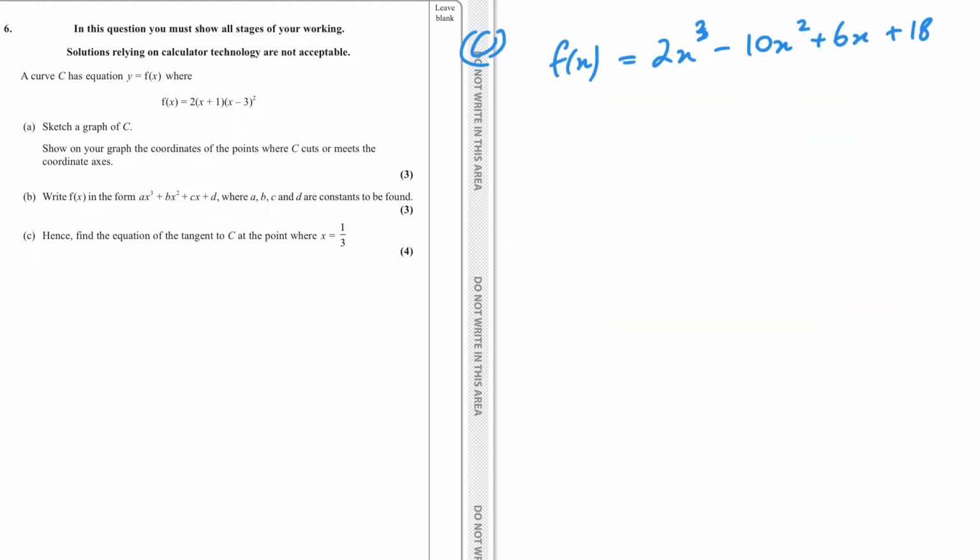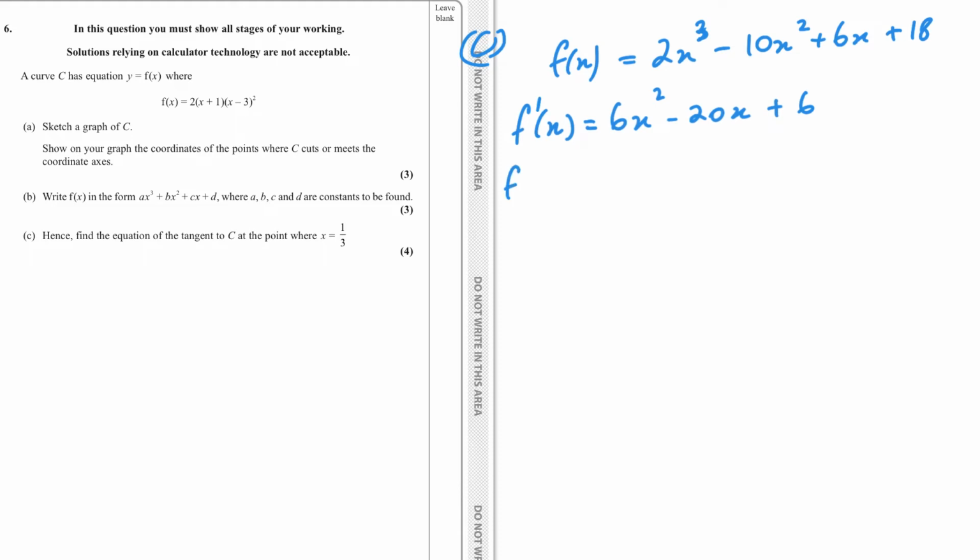Now part C, we need the equation of the tangent to C at the point where x is 1/3. So first we need to differentiate. So multiply by the power, take 1 away from the power. Multiply by the power, take 1 away from the power. So we end up with 6x squared minus 20x plus 6.